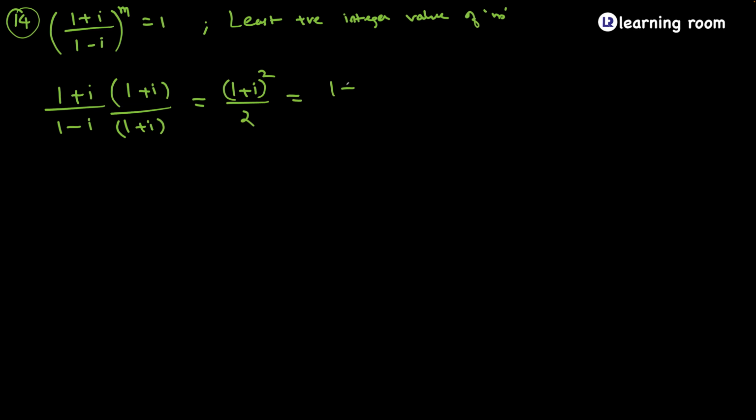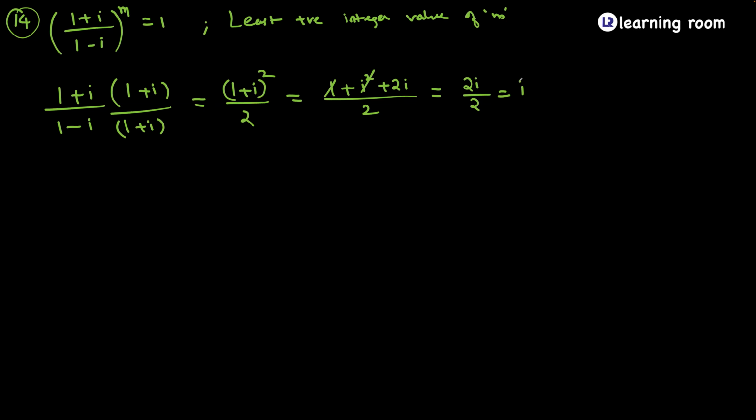So this will be (1 + i² + 2i)/2. What is i²? Minus 1, so the 1 and minus 1 cancel. You are left with 2i/2, which is i itself. This is the one inside the bracket.